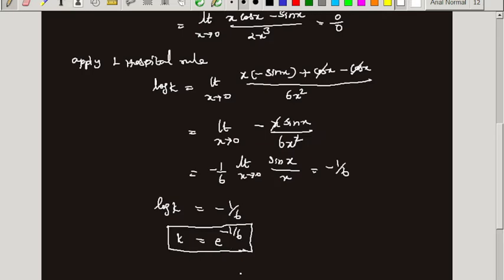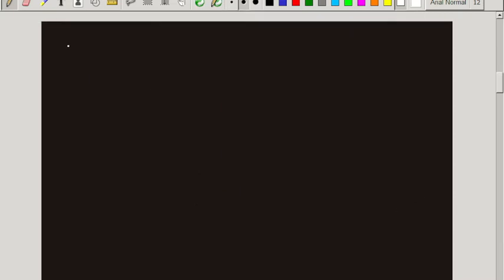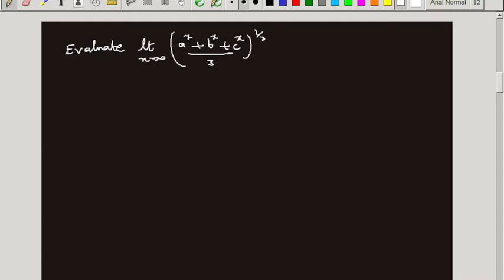Limit x tends to 0 (sin x by x) whole power 1 by x square. Next question: evaluate limit x tends to 0 (a power x plus b power x plus c power x dividing by 3) whole power 1 by x.